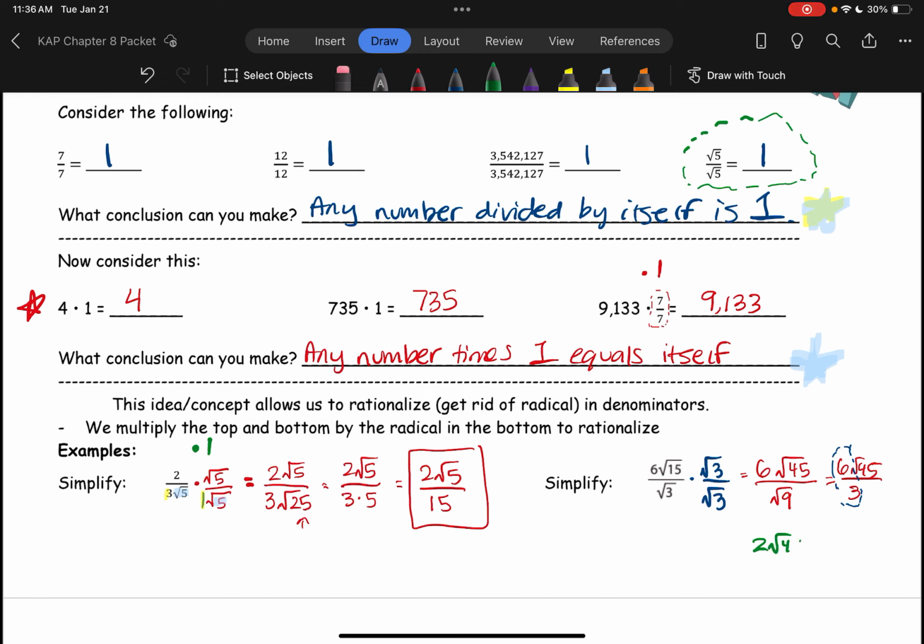So we have 2 times the square root of 45, which can even be simplified. I'll leave the 2 out in front, but the 45 can be broken up as 9 times 5. The square root of 9 is 3, so this becomes 2 times 3 root 5, and 2 times 3 is 6. So 6 square root of 5 is our simplified form for this last example.